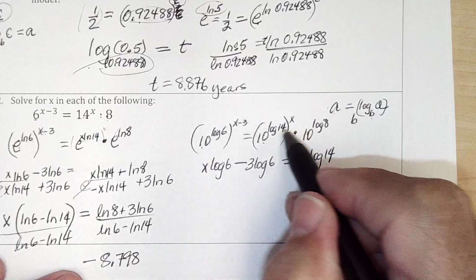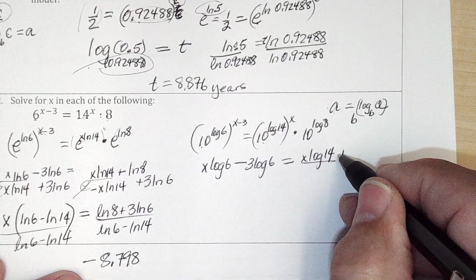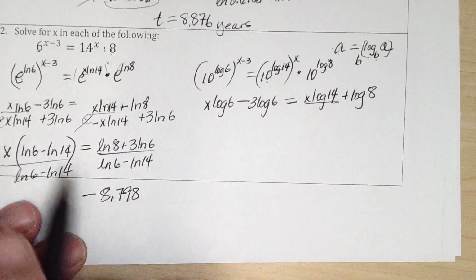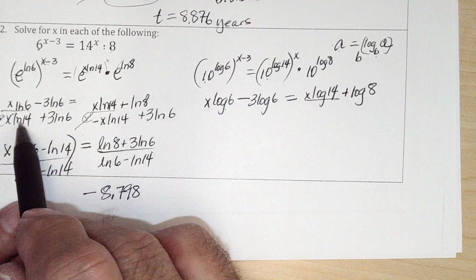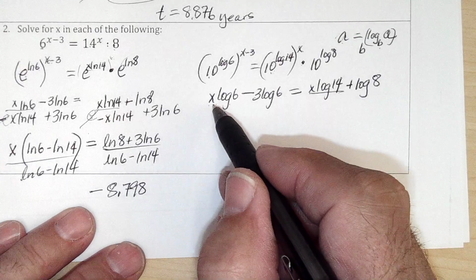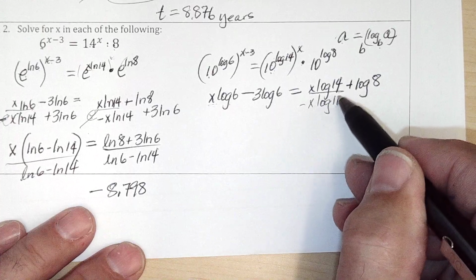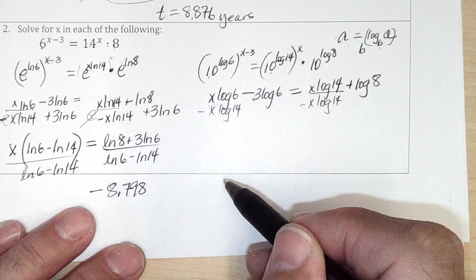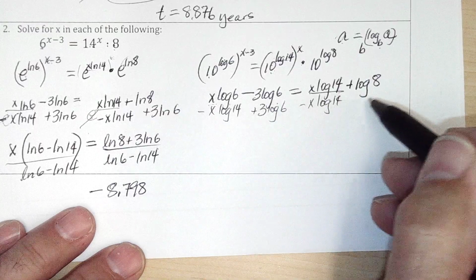And when I'm multiplying, I add the powers. This is the power here and the power here. You notice it looks almost the same. Here it's log base 10, here's log base e. And it turns out if I do exactly what I did before, for instance, subtract x log 14 from both sides, and add 3 log 6 to both sides.